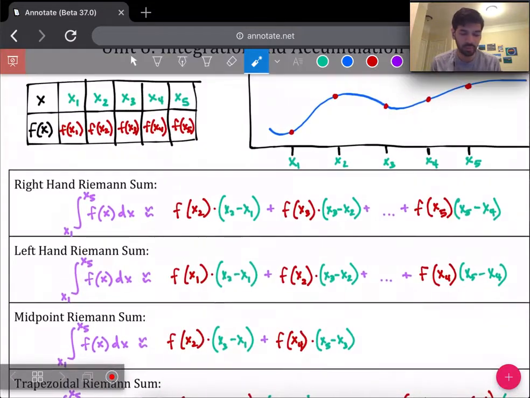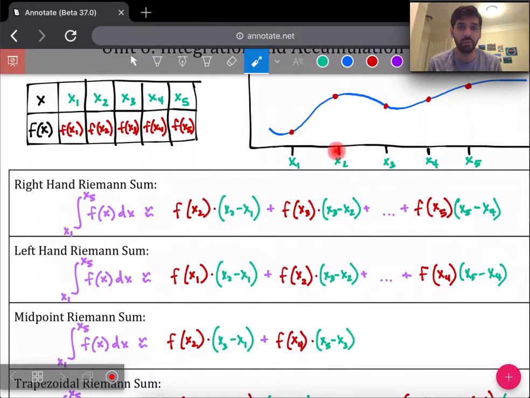Basically with the midpoint, you find your intervals, and it'll tell you how many sub-intervals it wants you to use. For this midpoint Riemann sum, since there are x1, x2, x3, x4, and x5, and I only know these coordinates here, I would only be asked to use two sub-intervals because I need to use the midpoint of each interval.